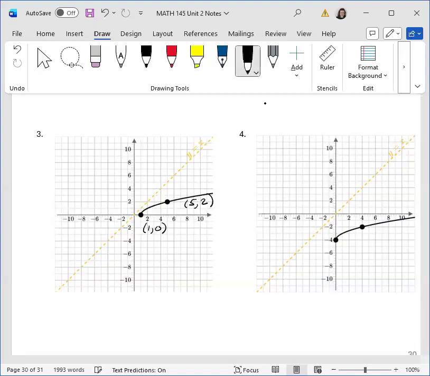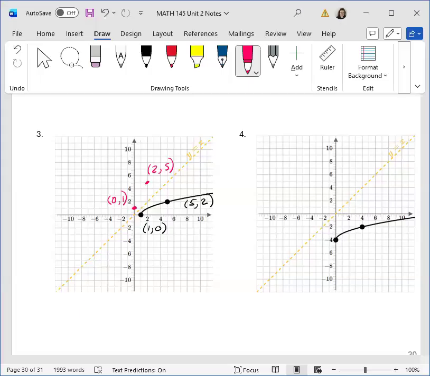Interchanging the x and the y coordinates, this first point is 0, 1, and the second point is 2, 5. If I reflect those over the y equals x line, 0, 1 would be there, and 2, 5.